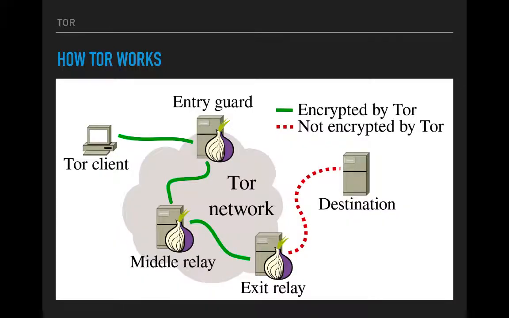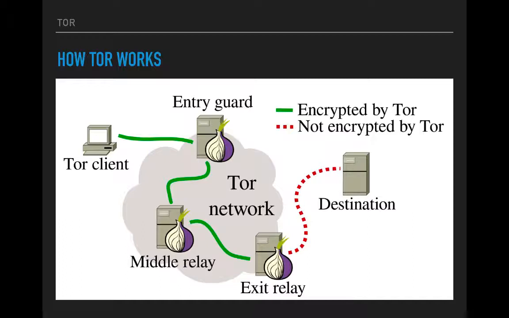So how exactly does TOR work? You can see here, this one is the TOR client. On the other side, there is a destination where the web server is located. When the client requests any .onion extension website, the request goes through the entry guard and there are a lot of middle relays between it.